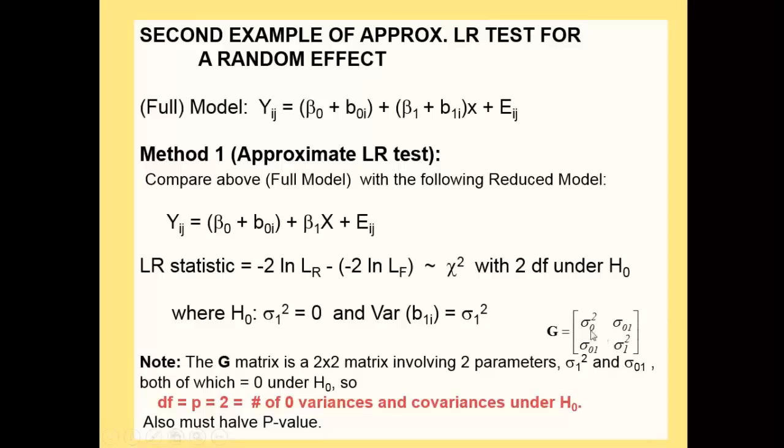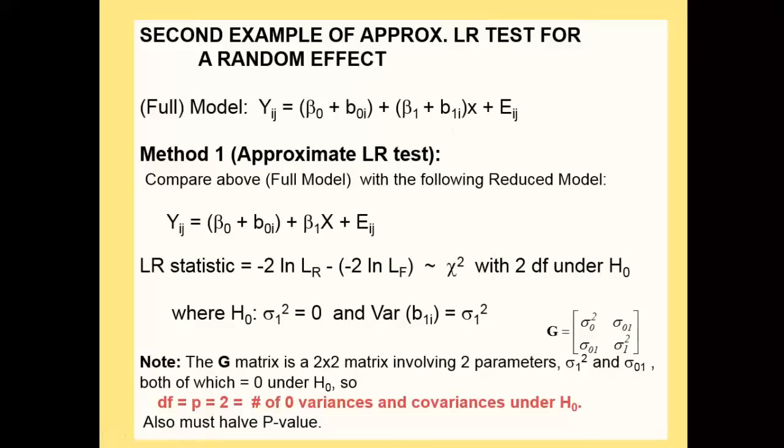The variance of B0I. What's sigma 1 square? The variance of B1I. What's sigma 0,1, which is the same on both sides? The covariance between this variable and this variable, allowing for the fact that it might not be 0.